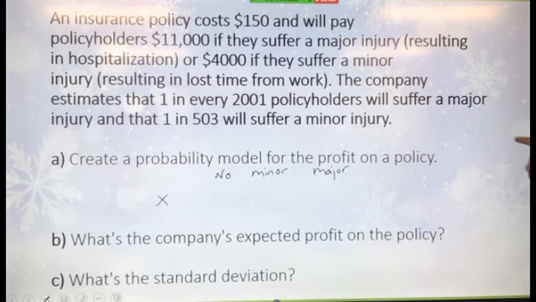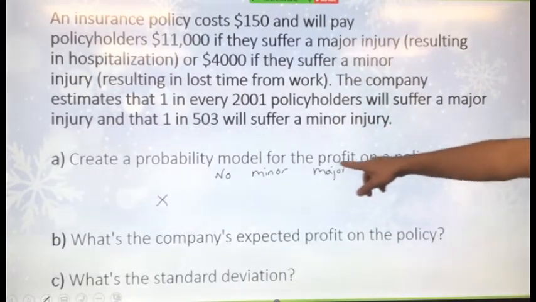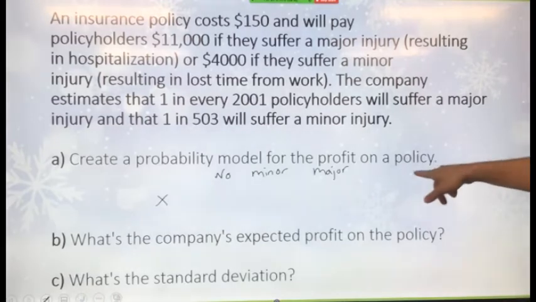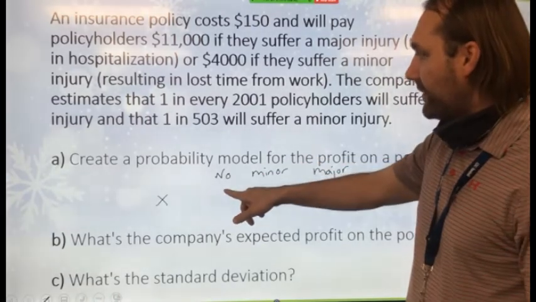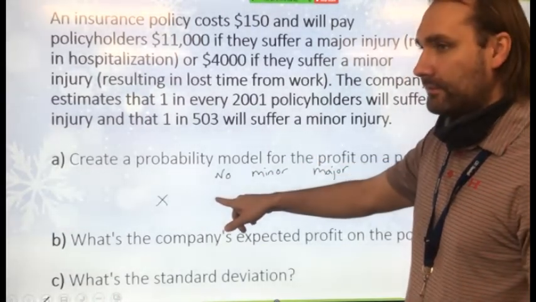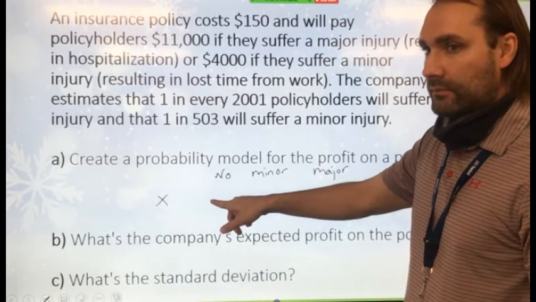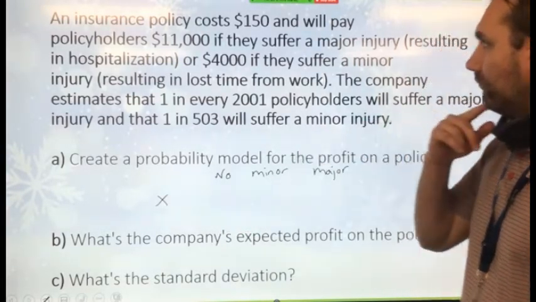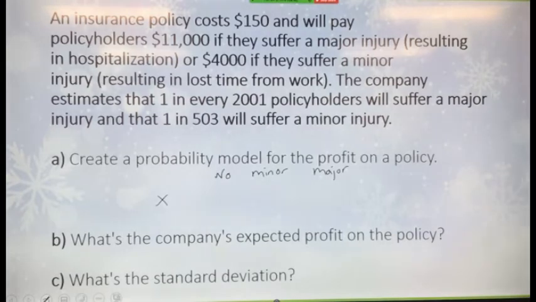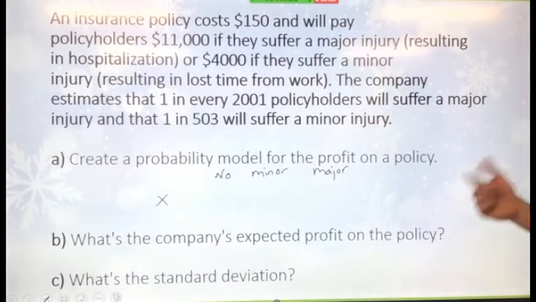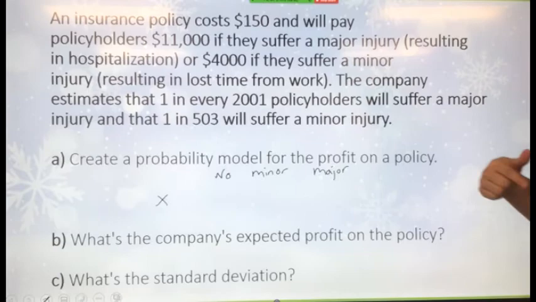My X is going to be how much is being paid out. So let's see, what was it asking for? The profit on a policy. So if nobody was injured, how much did that insurance company make? Think about it. Did they lose any money? Did they have to pay anything out? No. So, did somebody pay them? Yeah, the $150.